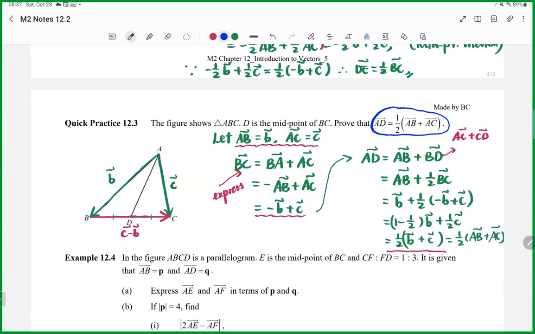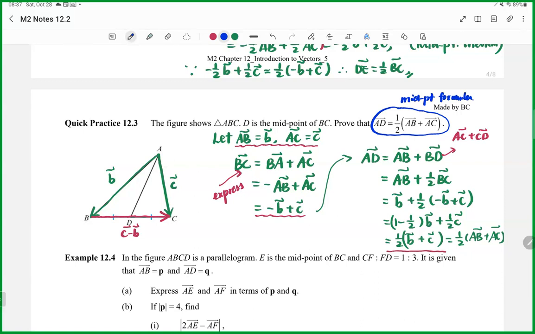This is a 2D vector, so classic 2D geometry. Did we learn this before? Yes, but we didn't learn it in this way, so you may not recognize it. But it is actually the midpoint formula, not the midpoint theorem.